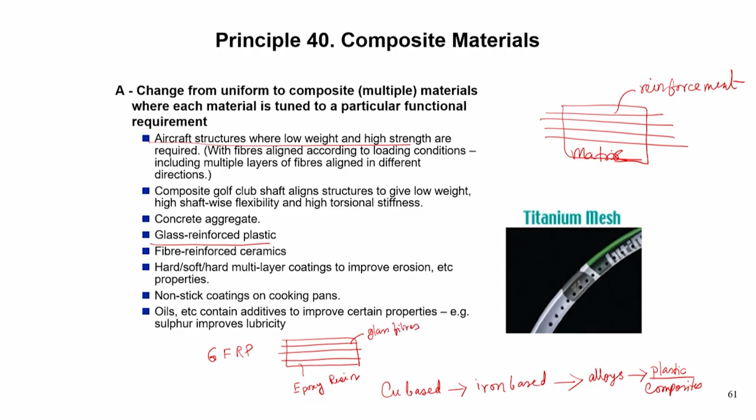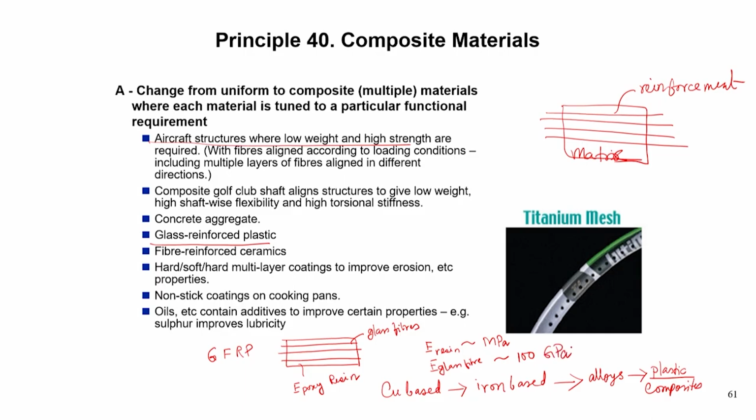Now, what is the advantage? If you look at the modulus of elasticity E of, let us say, the epoxy resin, E resin will be of the order of some 50 to 100 megapascal level. And if you look at E glass fiber, this is of the order of 100 gigapascal level.